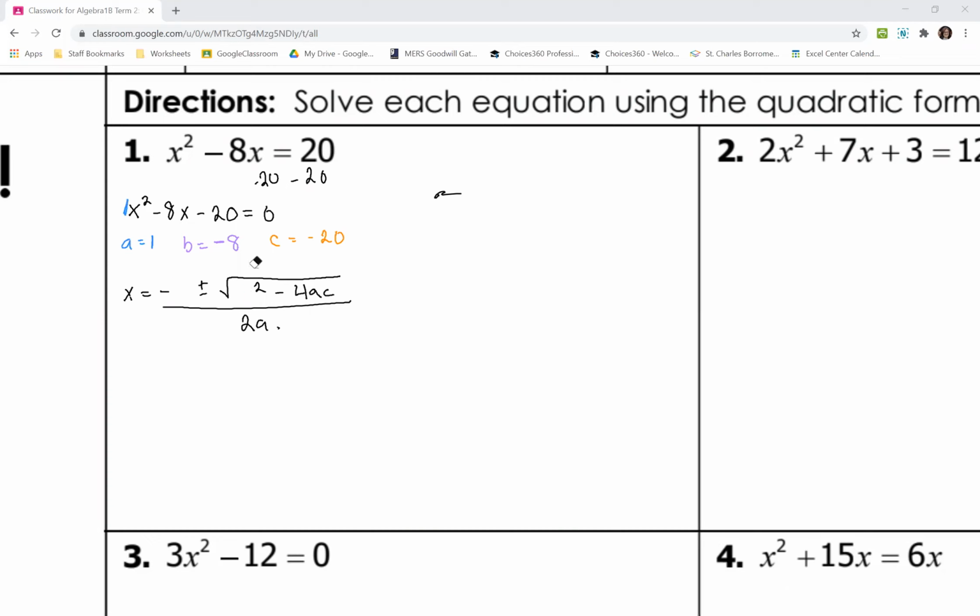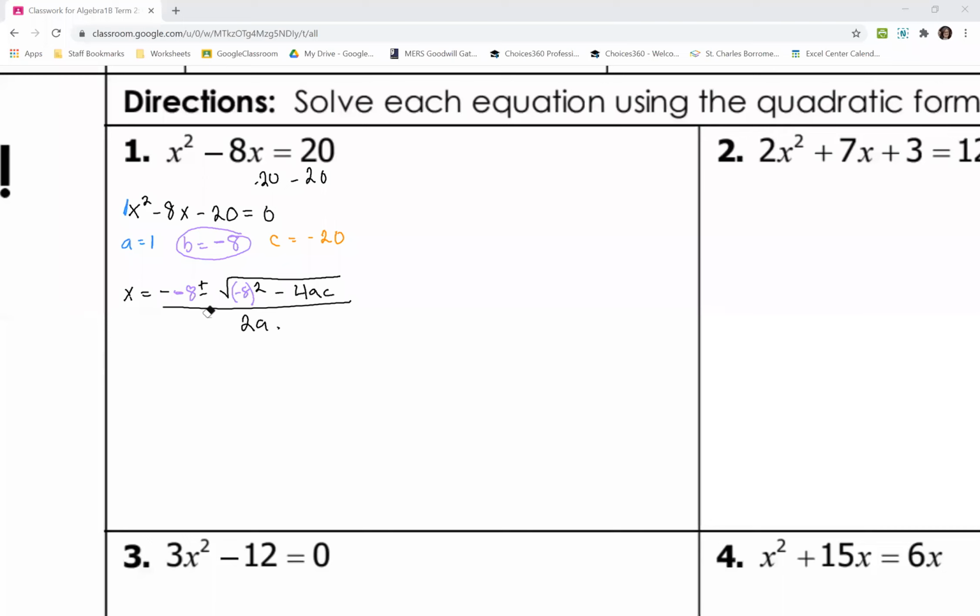I just erase the b. That ensures that I don't accidentally forget an extra minus sign if necessary. So since this b is negative, you see I'm going to have two negative signs right next to each other. And then I'm also going to stick that in parentheses because negatives are very tricky when it comes to square roots.